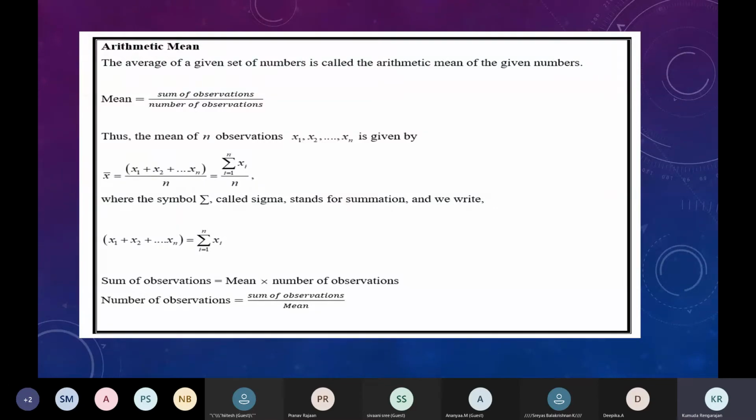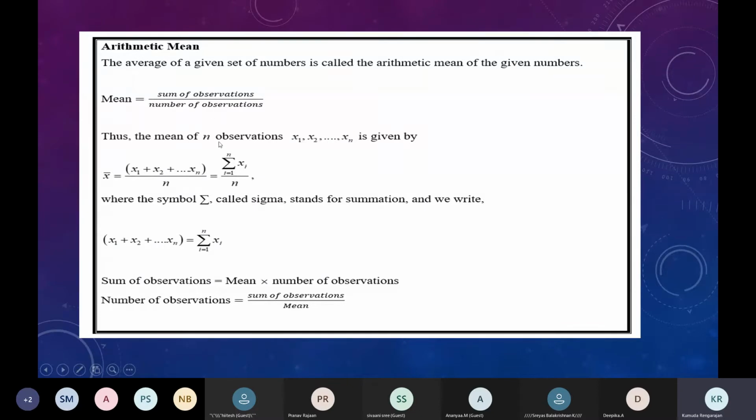But here we have n observations. So xn represents the nth observation. Because if we have 15 observations, the last one will be x15: x1, x2, x3, x4 till x15.